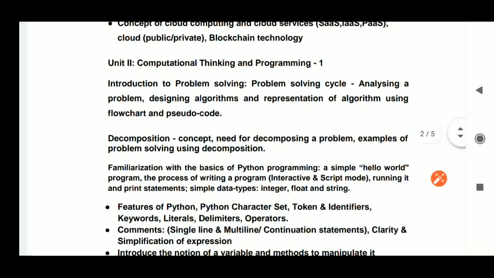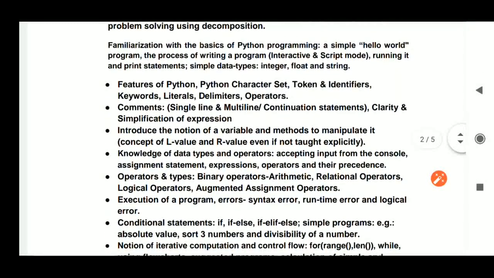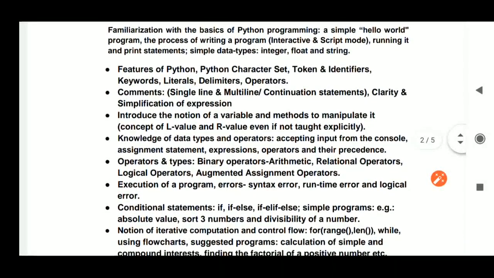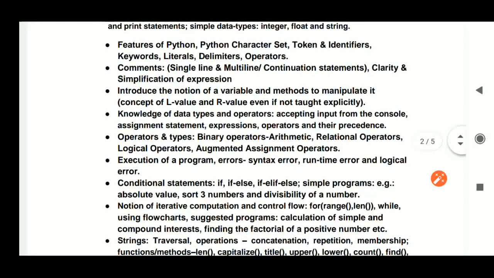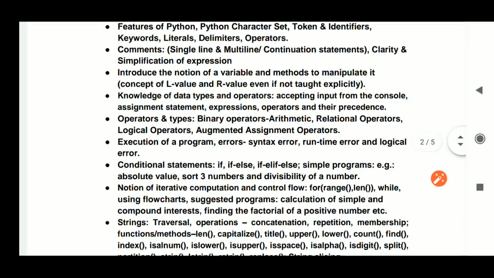Now computational thinking and programming. Here we'll learn about features of Python, character set, introduce the notions of variable, how to use it, normally how to write a program. So this will be the first programming language that you are learning, and once you learn a programming language, you will find there is similarity between different programming languages.